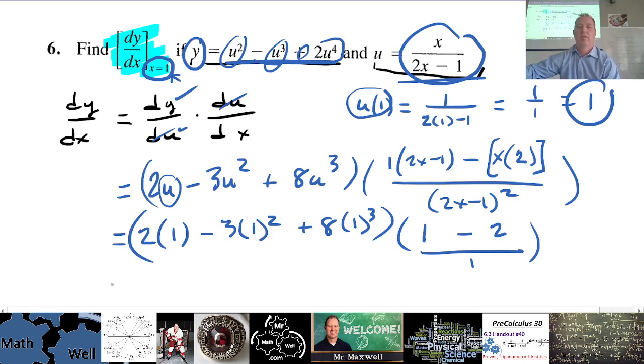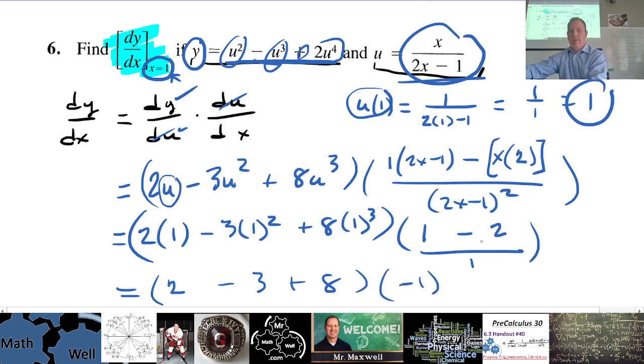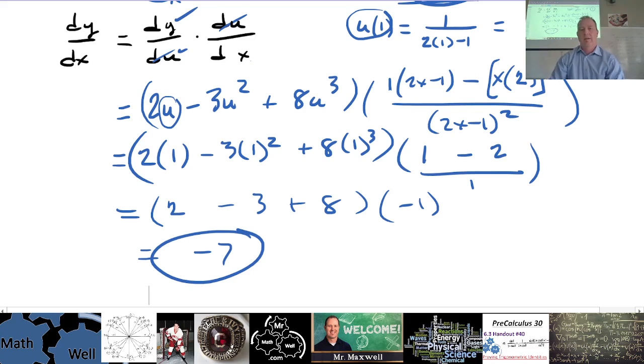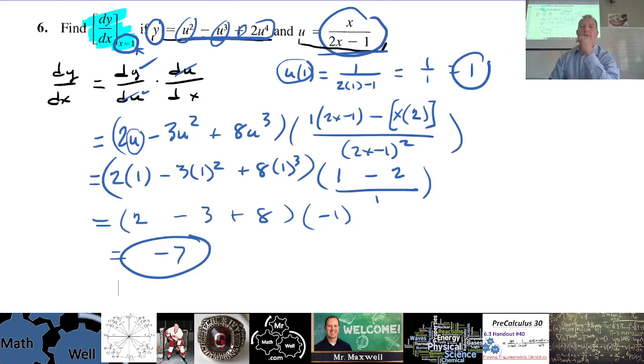So doing some simplification, 2 minus 3 plus 8, all that times negative 1. So negative 1 times positive 7 is negative 7. So that is the correct answer there. That is the derivative of this function evaluated at x equals 1.